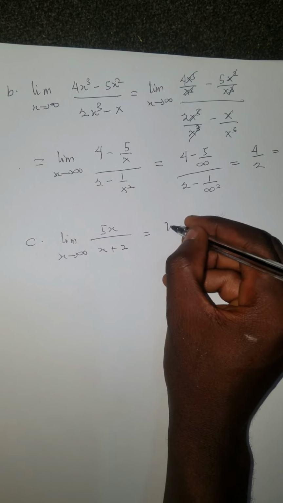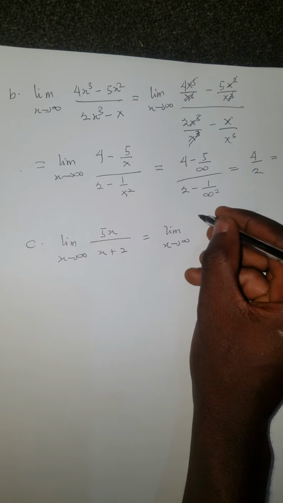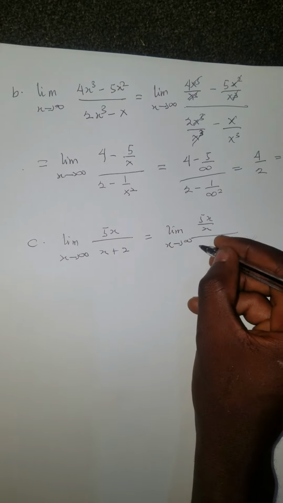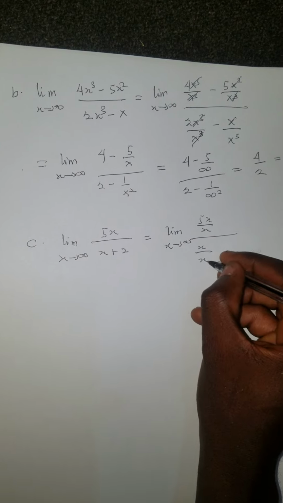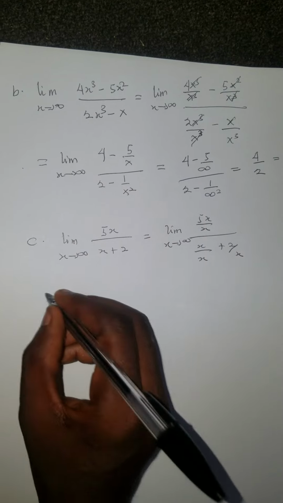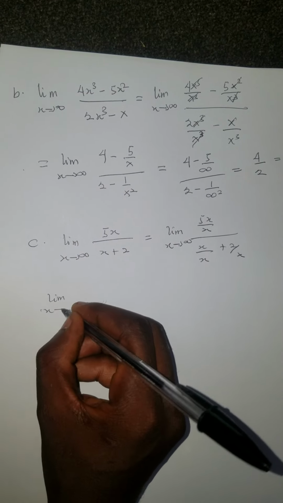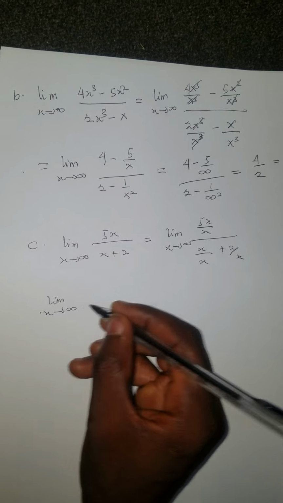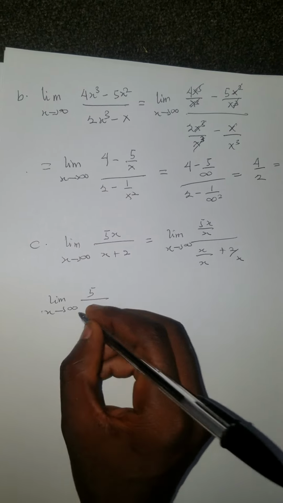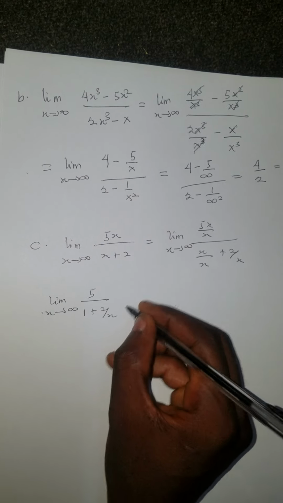Now it will be the limit where x is approaching infinity, 5x over x all over x plus 2 over x, and this will be the limit where x approaches infinity of 5 over 1 plus 2 over x.